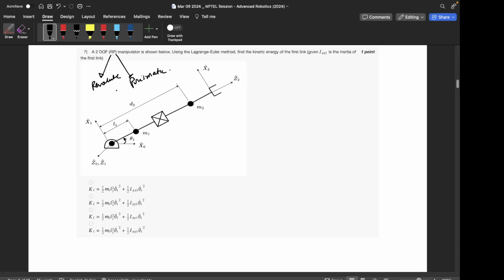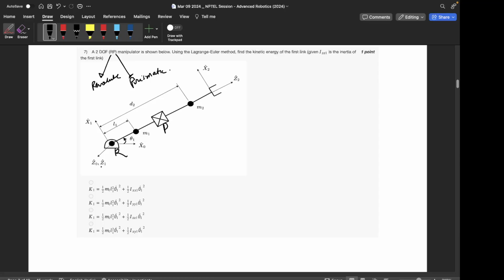The order denotes that the first joint is revolute, and the second is a prismatic joint. So the first link can rotate about z0 or z1, and the second link will translate along z2. Okay, so recall the DH parameter convention.